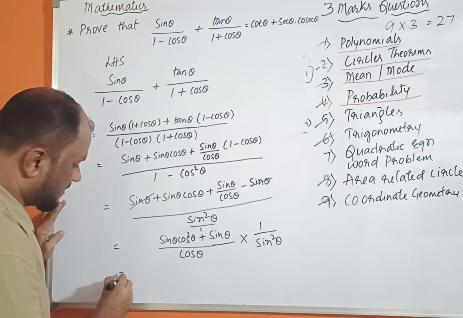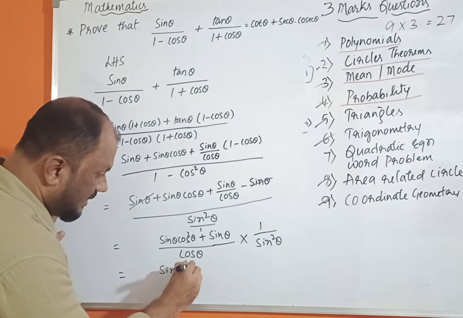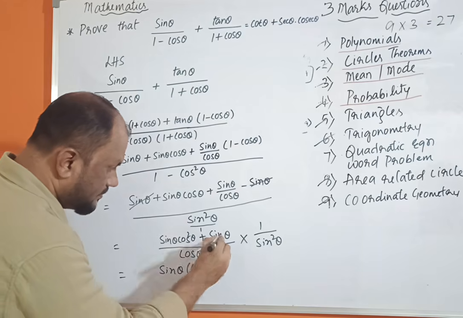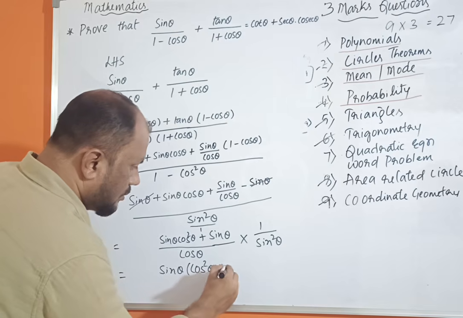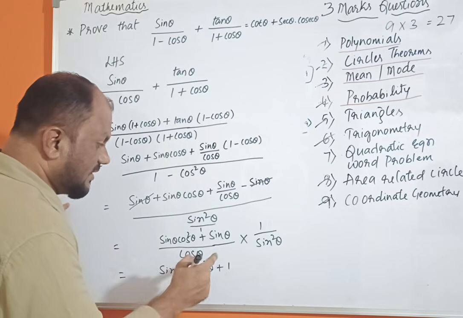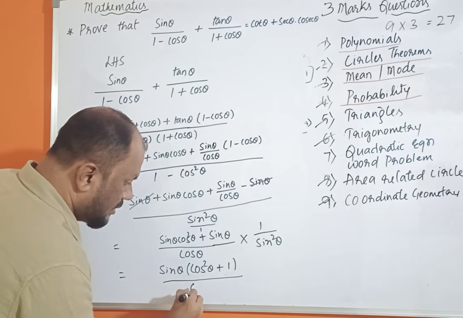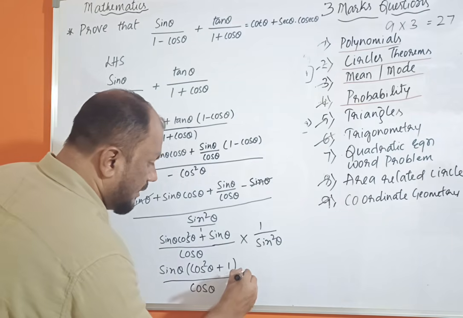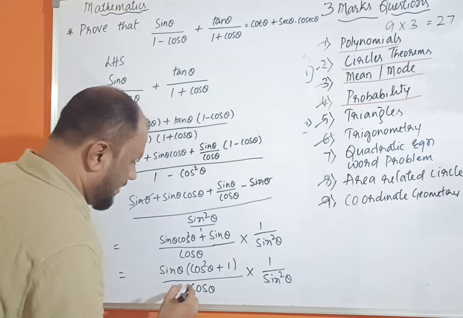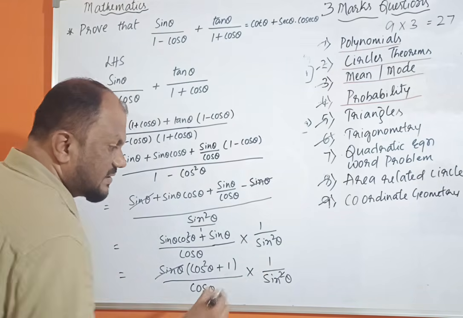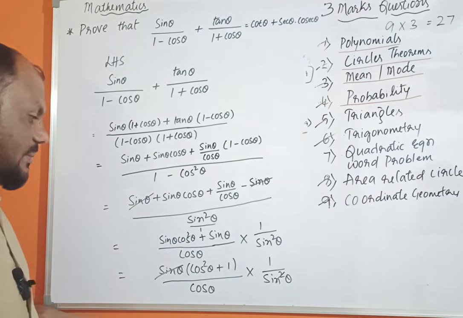Okay. So now next step, we take sin theta common here. Sin theta. So what is remaining? Cos square theta plus 1, because sin theta is already taken as common, divided by cos theta into 1 divided by sin square theta. So sin theta and sin square theta get cancelled, only sin theta is remaining.